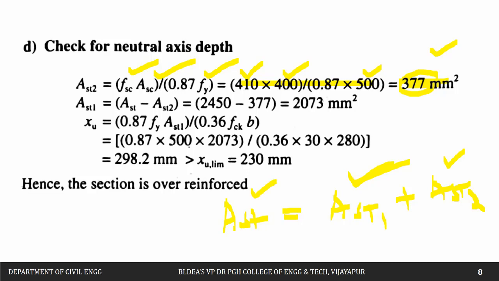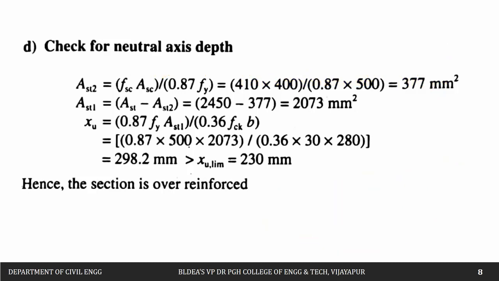So this AST we already know. The next is AST2, we already know. So the only unknown is AST1. We'll bring this to this side. Then we can calculate the AST1 value, that is AST minus AST2. Therefore it will be equal to 2450 minus 377. You will get the answer as 2073 mm square.